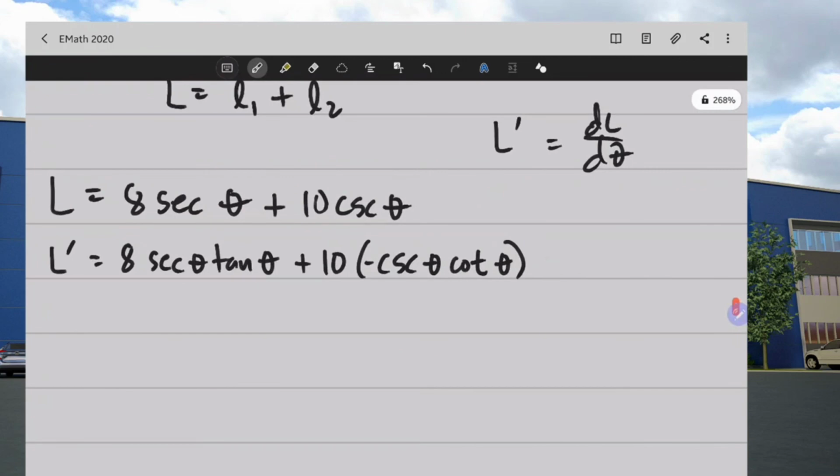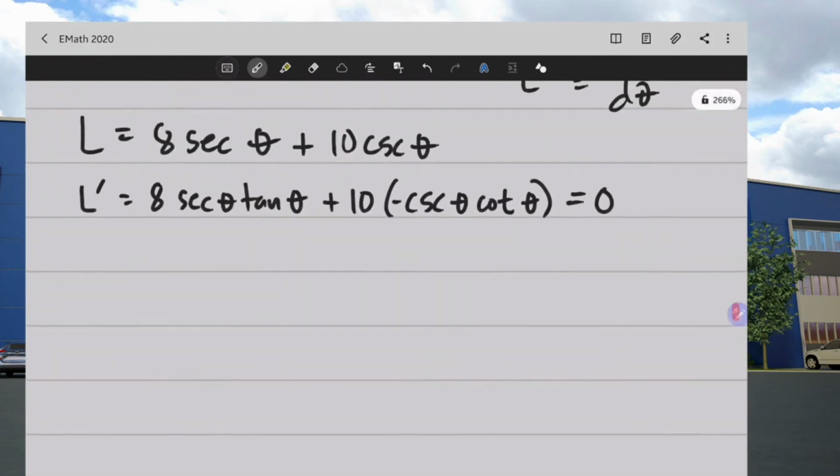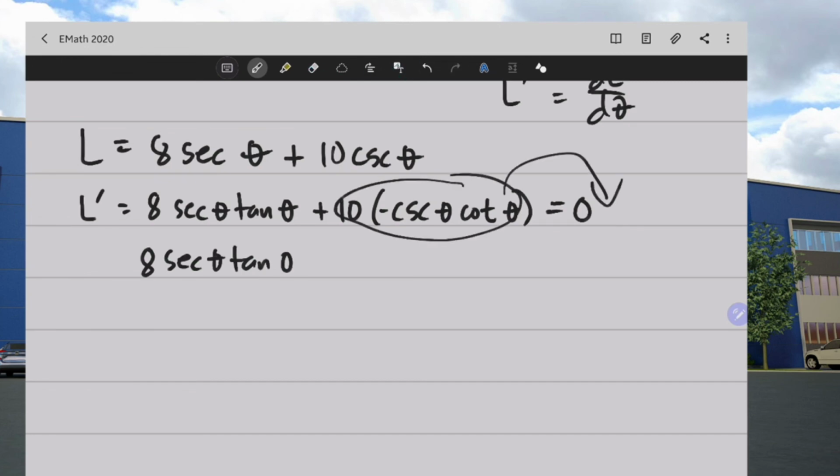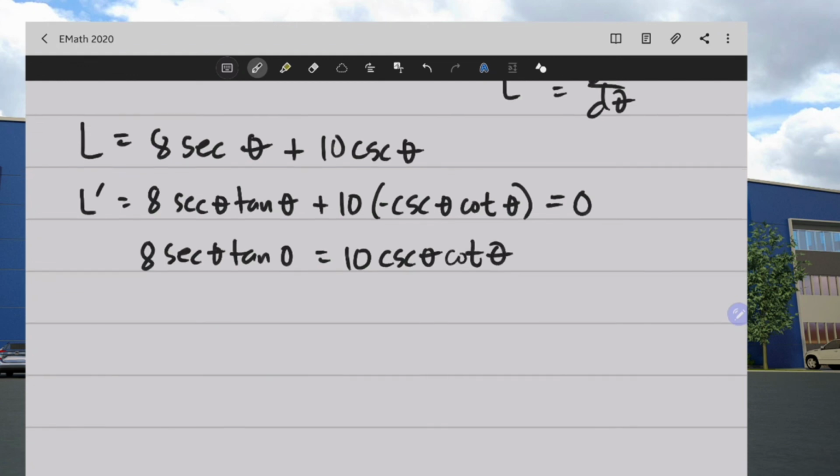Then let's equate this to 0. So this would become 8 secant theta tangent theta. So how about if I just transpose this to the other side? Kasi negative naman siya. Para positive siya doon sa other side. So that would become equals 10 times cosecant theta cotangent theta.